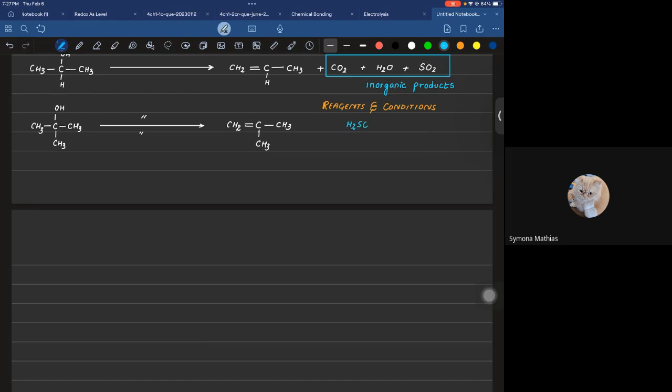H2SO4 concentrated, slash Al2O3, which is also a dehydrating agent. So you can use one of these, which are dehydrating agents. And along with sulfuric acid, this much temperature is also needed. So as a result of this, you will have your alkene.